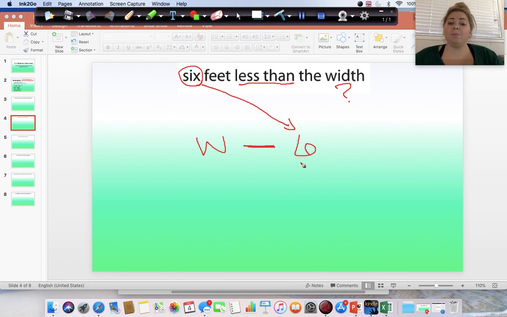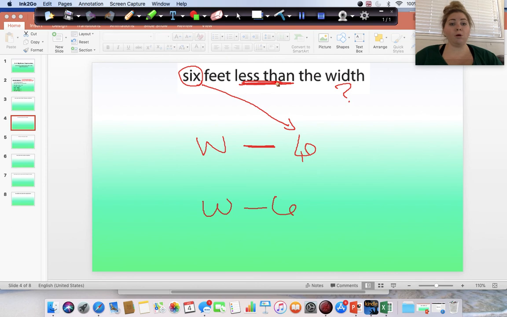The reason we put the number after the subtraction sign is because if it is 6 less than the width, then we need to have the width and subtract 6 from it to get 6 fewer than the width, okay? I know it sounds confusing, but when you are working with subtraction and division as well, you need to be very careful in which order you put your numbers and your variables.